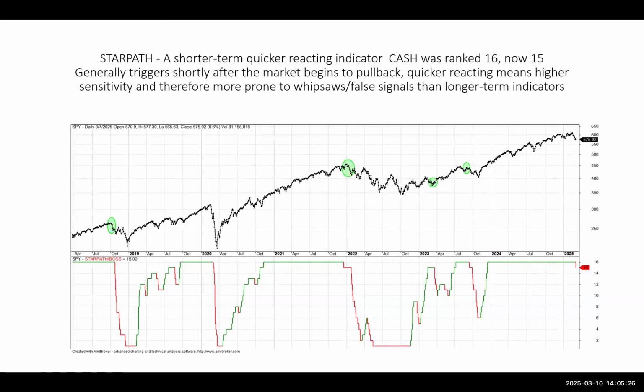And in most cases, as you can tell, the indicator gave a timely sell signal prior to a deeper decline. However, it's important to note that some of these signals were also just minor pullbacks in an overall uptrend. And once a correction begins, we really don't know the severity or how long it's going to last until we get more information, which takes more time.